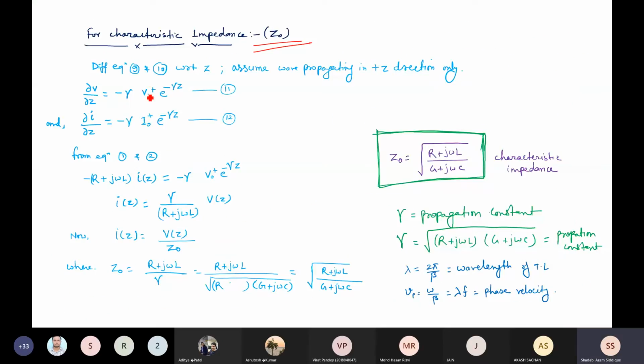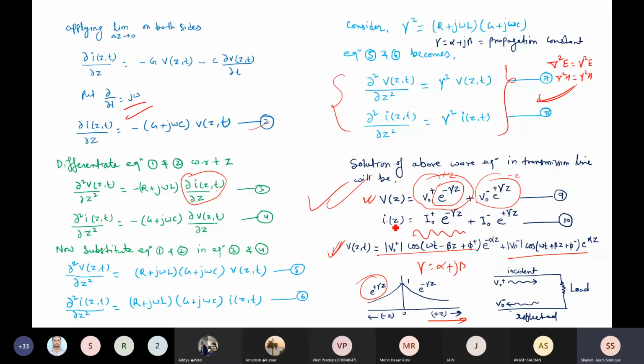Now we have a characteristic impedance. The characteristic impedance is represented as Z naught, and it has the unit ohm. So what is the characteristic impedance, and how can we find it? For any impedance, you have the voltage equation as well as the current equation.